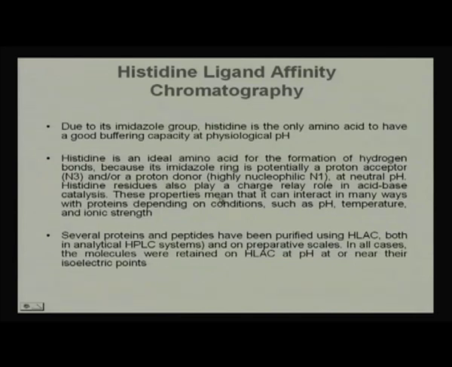These properties mean that it can interact in many ways with the proteins depending on its condition, such as pH, temperature and the ionic strength. Several proteins and peptides have been purified using histidine ligand affinity chromatography, both in analytical, that is HPLC system, and on preparative scales.